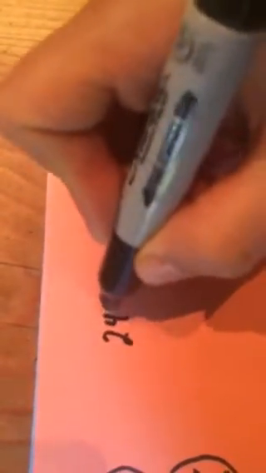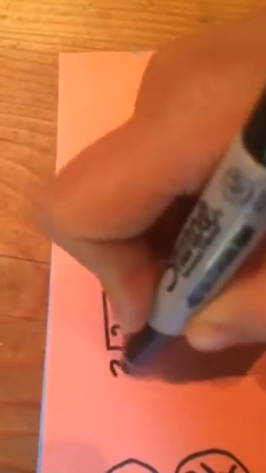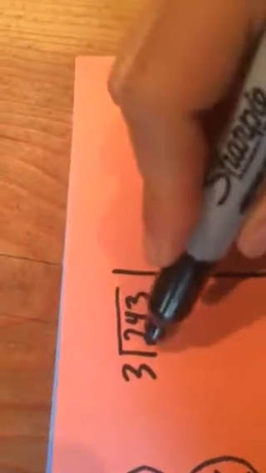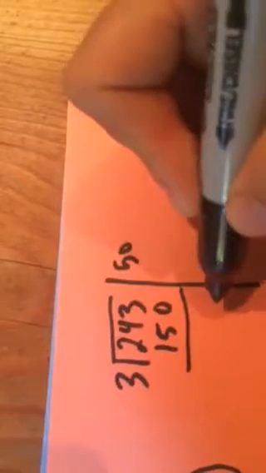So a review of our new long division technique. Let's go 243 divided by 3, so shared by 3 people. I might go, okay, 243 shared by 3 people. What can I safely give each person? I'm going to give each person 50, which means I use 150, and there are 93 left.